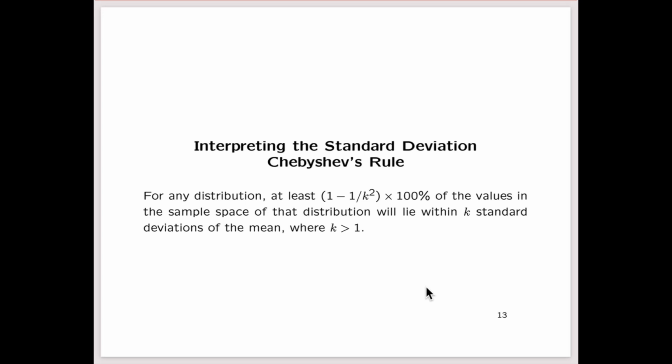Chebyshev was a Russian mathematician and probabilist, and Chebyshev's rule says that for any distribution, not just a bell-shaped curve, at least 1 minus 1 over k squared times 100% of the values in the sample space of that distribution will lie within k standard deviations of the mean. And in order for this to be greater than 0, k has to be greater than 1, obviously. So it could be 2, 3, 4, 5, or we could look at fractional values, 1.2, 1.5, whatever.